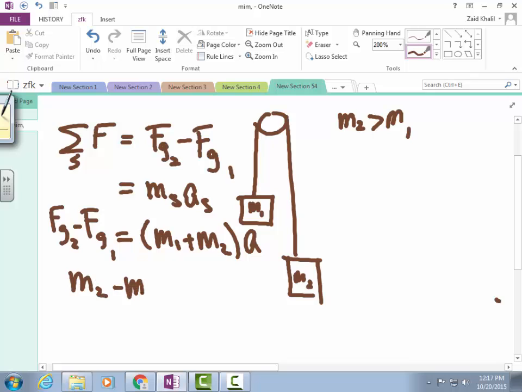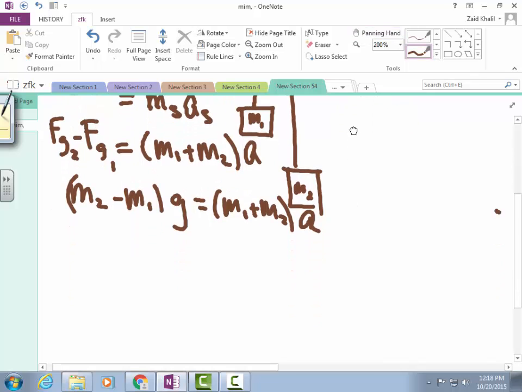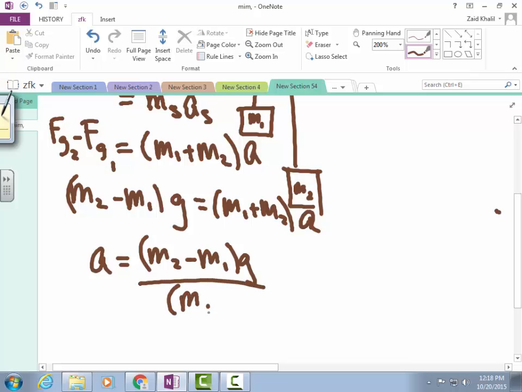M2 minus M1 times g. And so therefore, what is a? Notice how easy that is. It's so easy. It's disgusting.